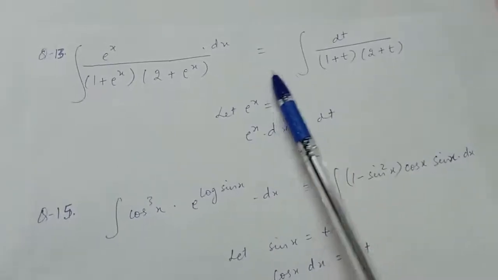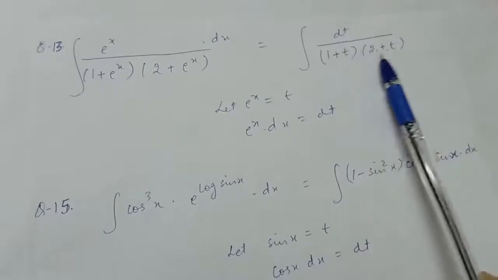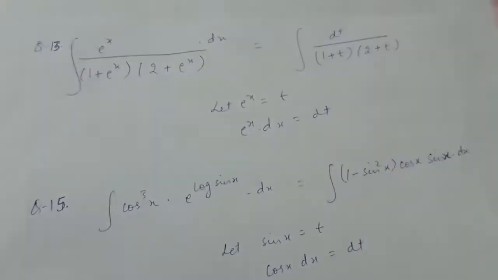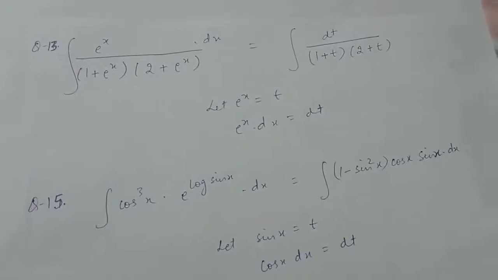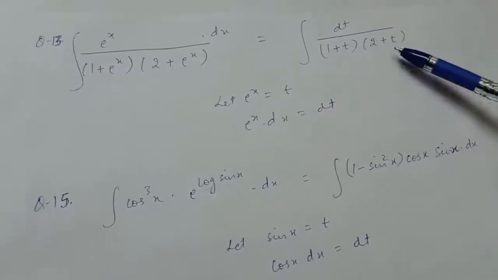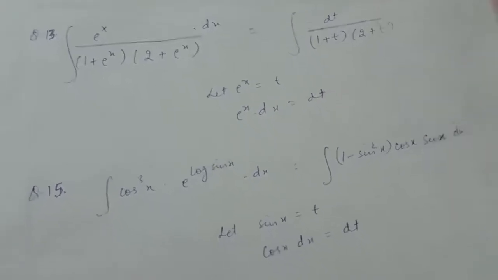So this will become integral of 1 upon (1 plus t) into (2 plus t), right? And in place of e raised to the power x into dx, dt will come. Now this is the type of function which can be solved by using partial fraction.